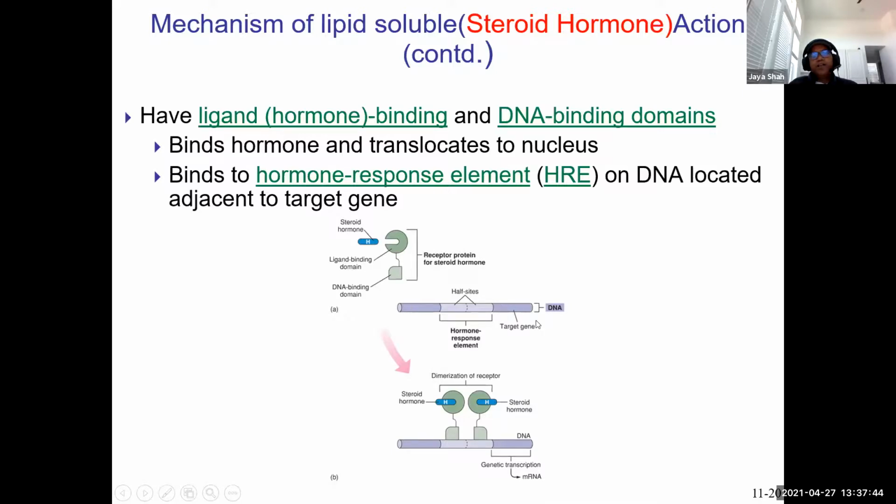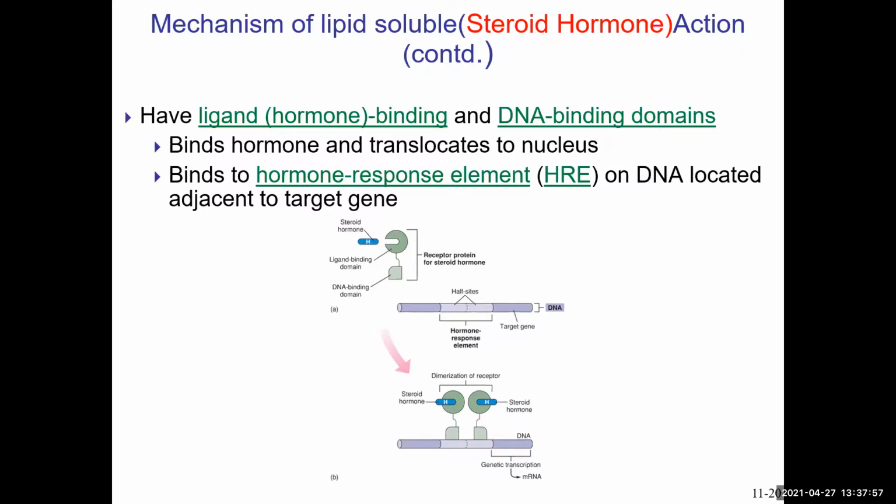On the section of DNA, not all the genes are expressing genes. There are exons and introns. Do you know that? Only exons express, not the introns. Okay.